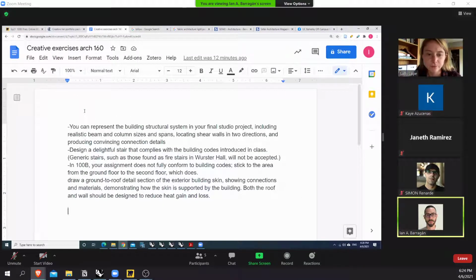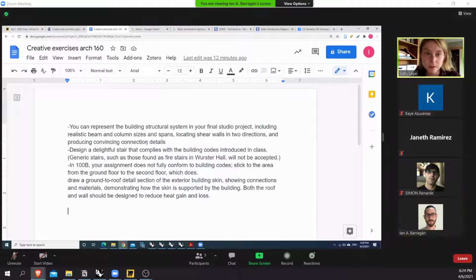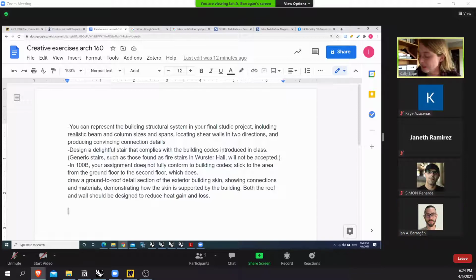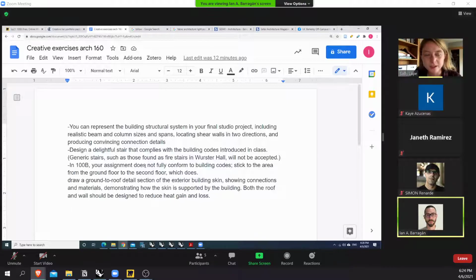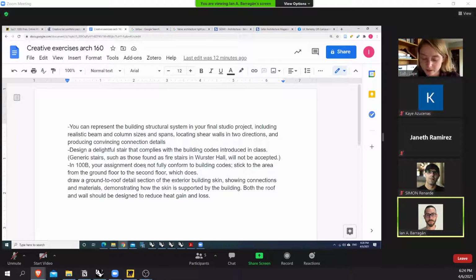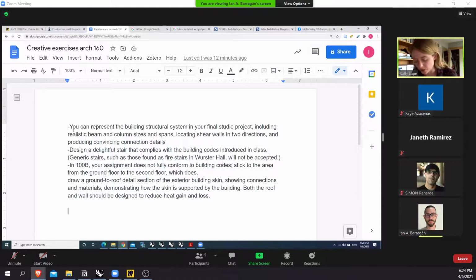Both would be nice, but across your creative assignments you're probably going to have the plan somewhere, so as long as within the structural module you're fully describing it. I think it's either or, but just double check.